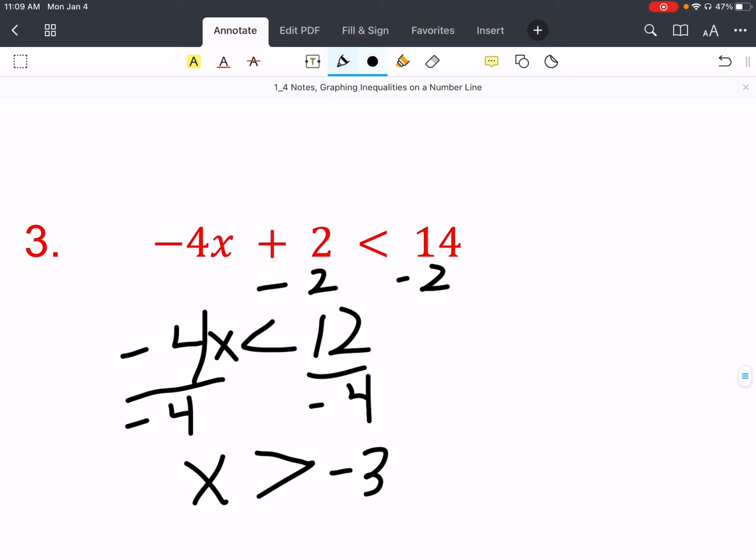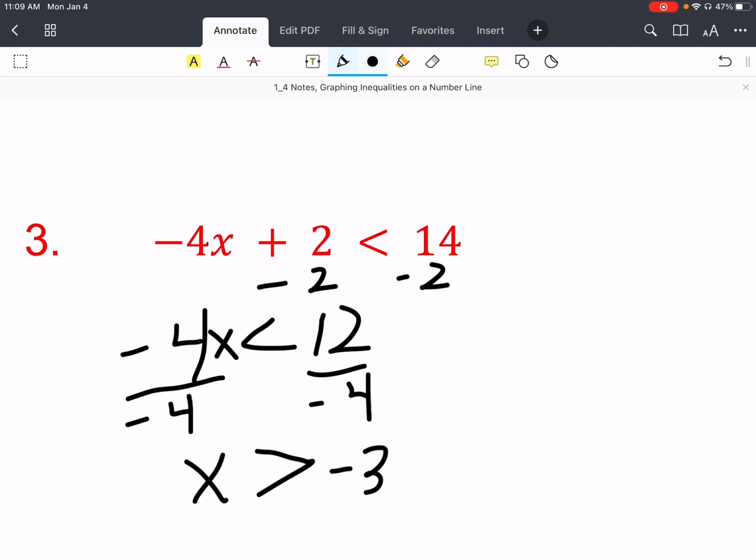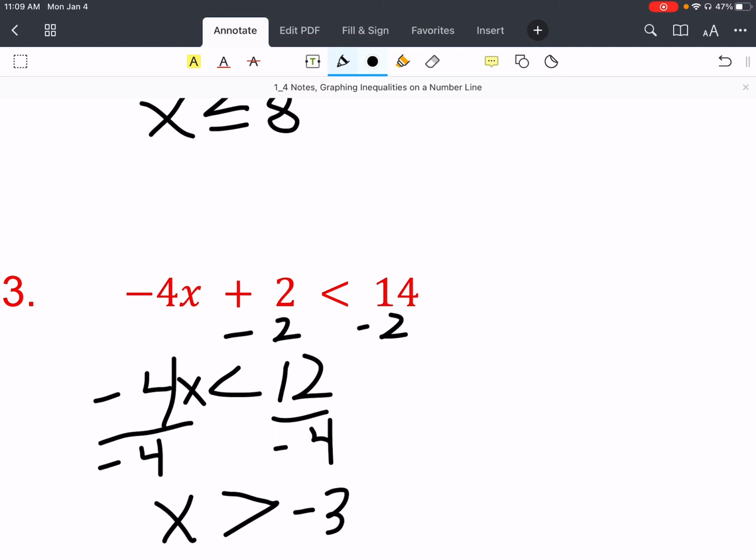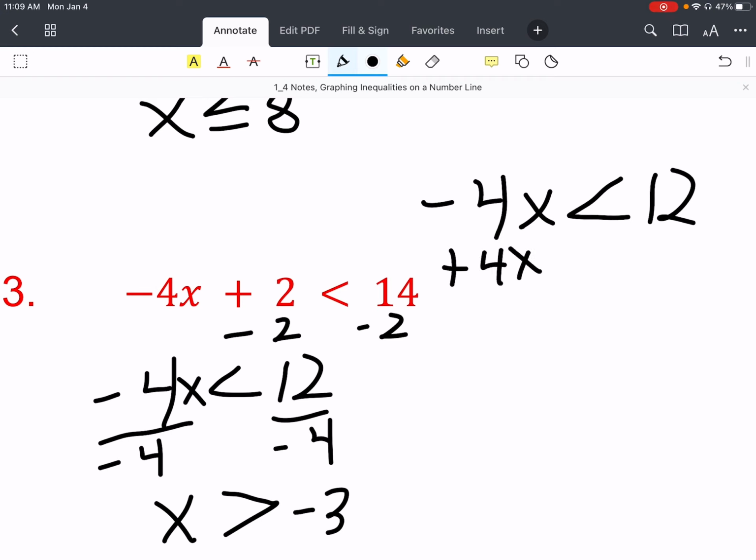And this step just saves time, because what we could realistically do is, I'll put it up here, if we had negative 4x is less than 12, if we wanted our x value to be positive, we could add 4x to both sides and then subtract 12 from both sides, and we would have negative 12 is less than 4x.